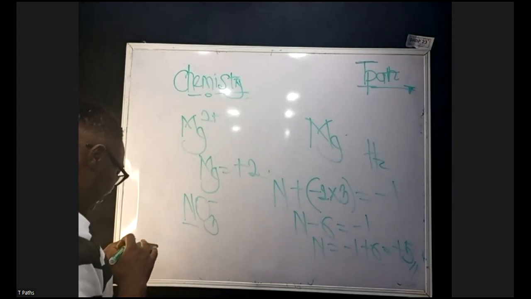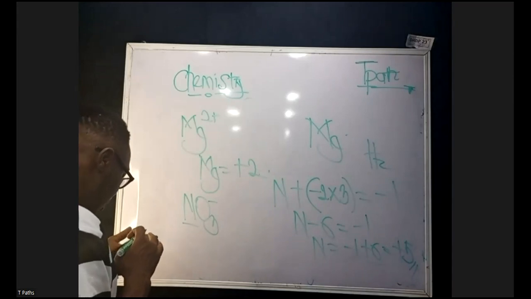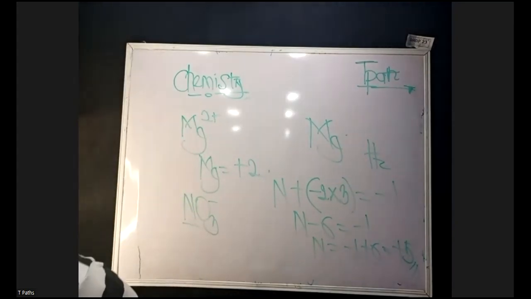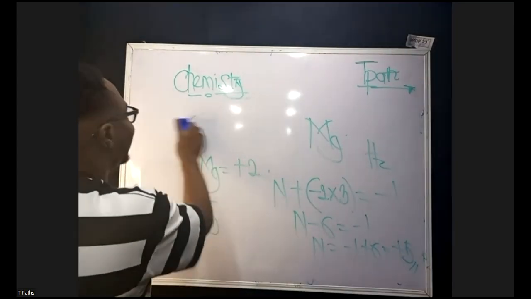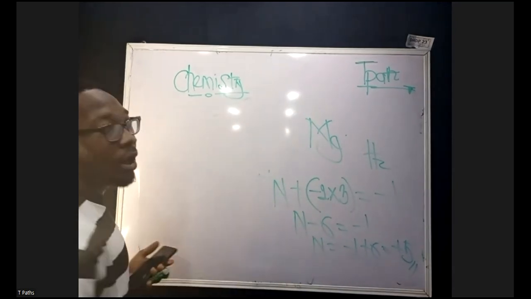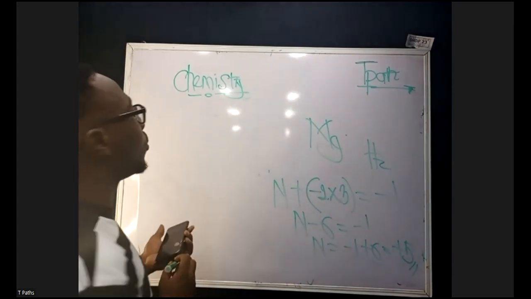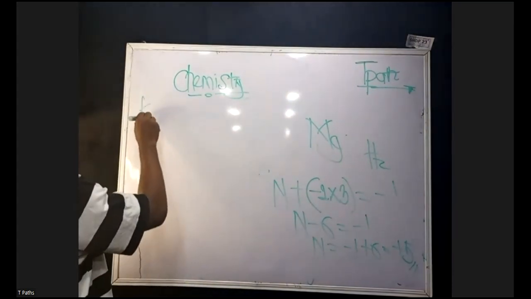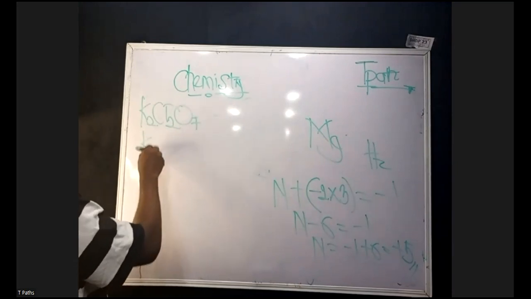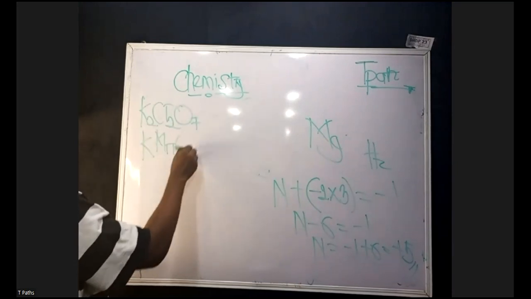Now, the next one is K2Cr2O7. So we have K2Cr2O7 and we have KMnO4.